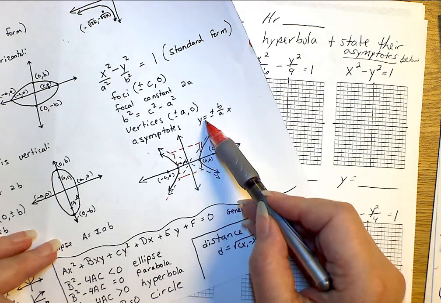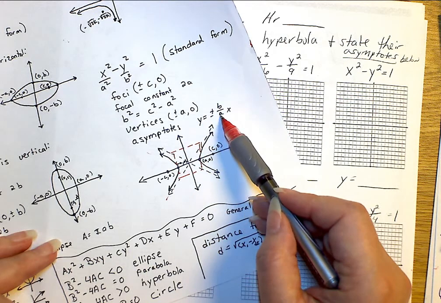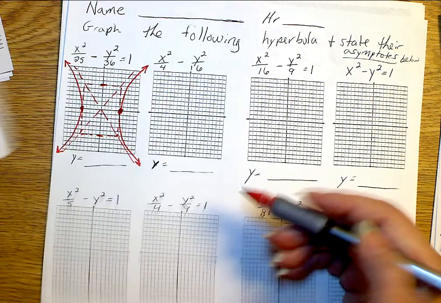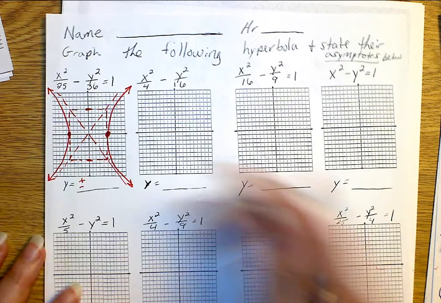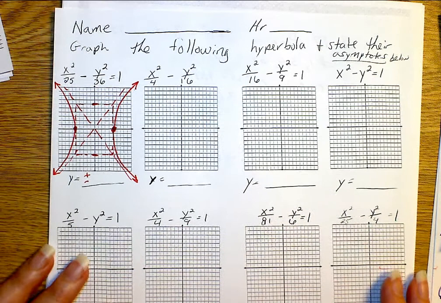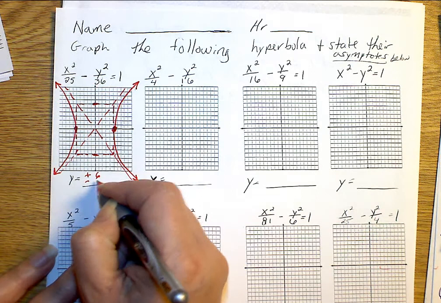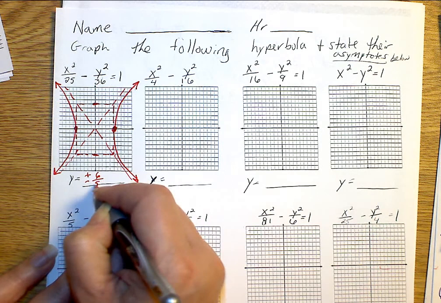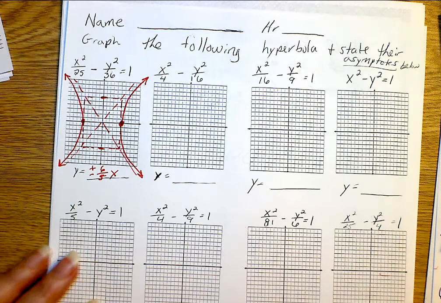The asymptotes are y equals plus or minus b over a x. So y equals plus or minus b, what is b? 6, over a, what is a? 5, and then we put an x. So we have plus or minus 6/5 x.